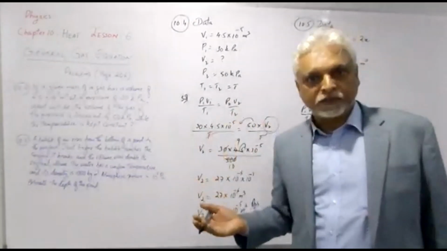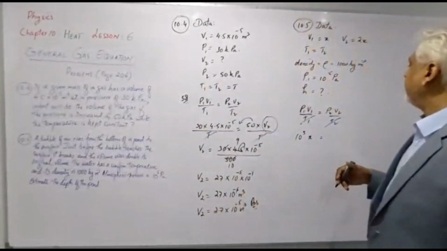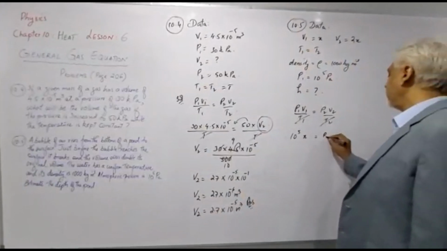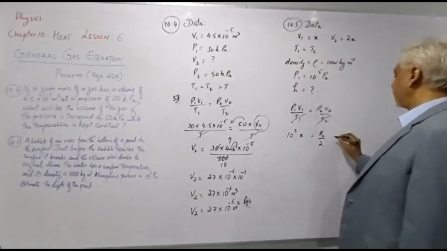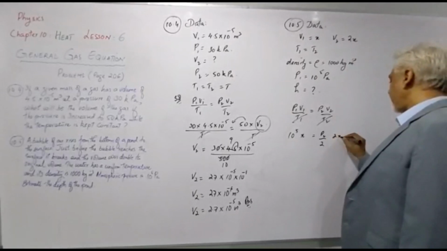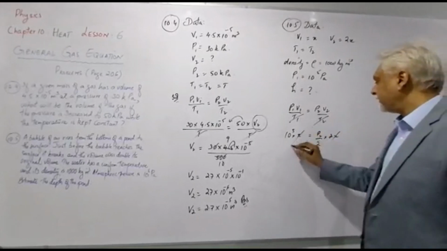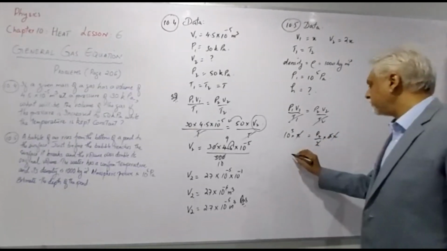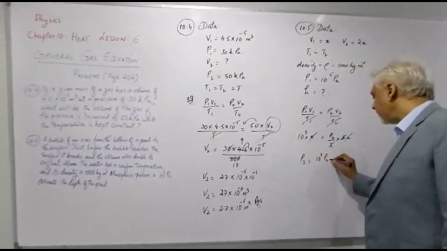Now here the volume is double, that means the pressure will become half. So we can write P2 upon 2, half, when the volume is double, that is 2x. Now x will cancel with this x and this 2 will go with this 2. So you have final pressure as 10 to the power of 5 pascal.